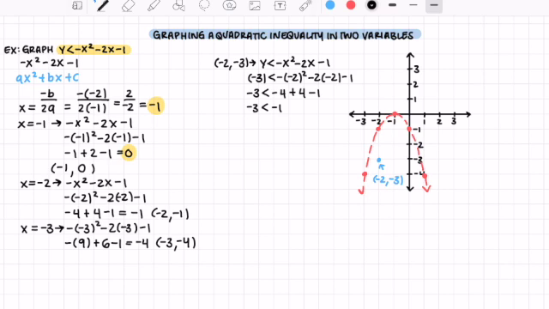And since this is a true statement, that means that negative 2, comma, negative 3 is a solution. And so I'm just going to highlight the area that's the solution, which is the area that's inside of the parabola.